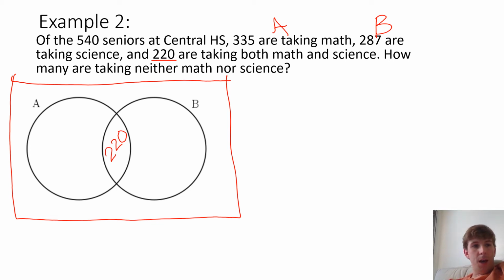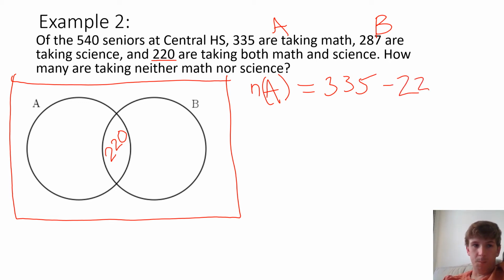All right, and then I am going to use that inclusion-exclusion principle to get my areas with just A and just B. So my area with just A is going to be the 335 total students who are taking math, subtract out the overlap of 220.